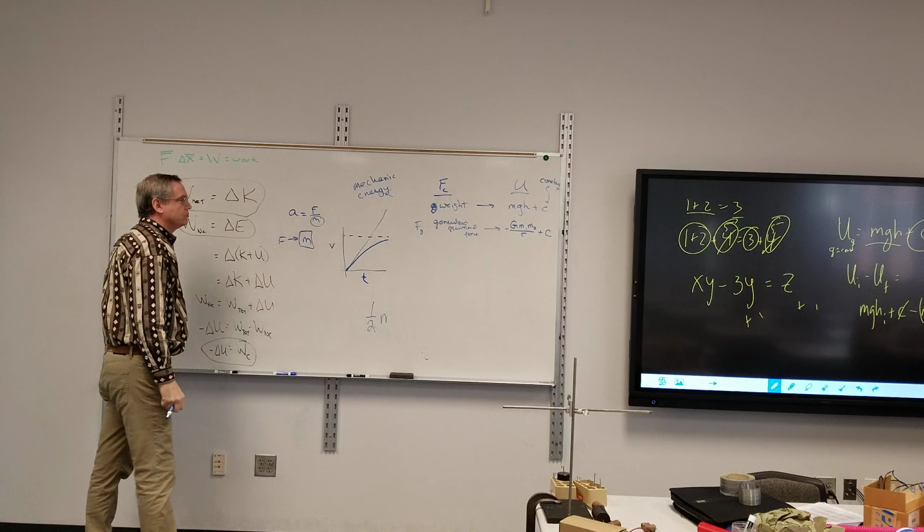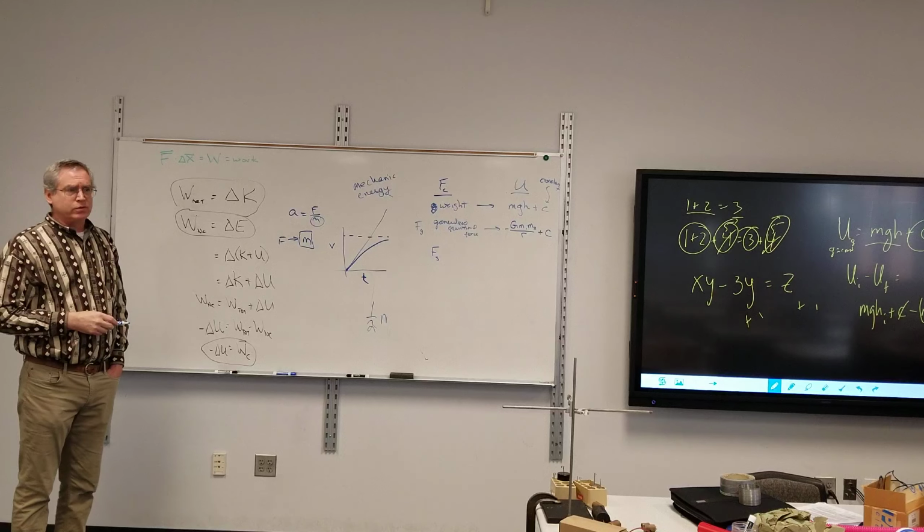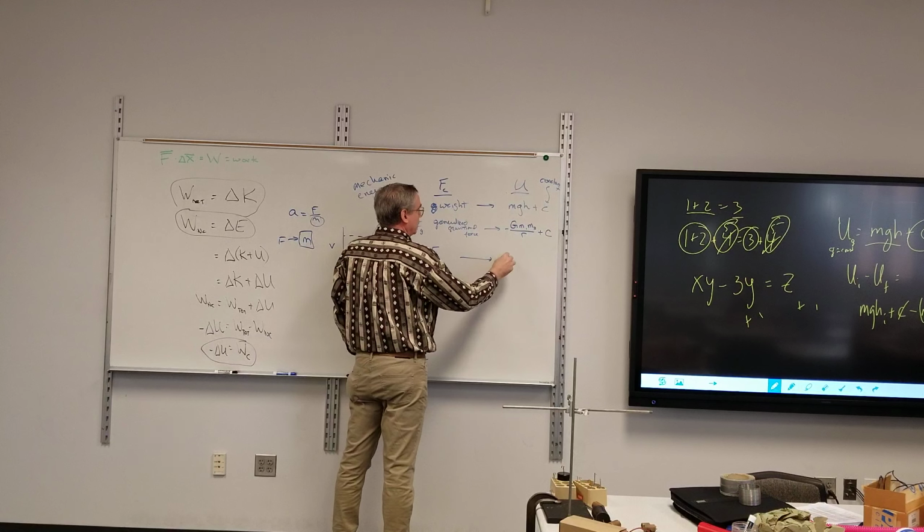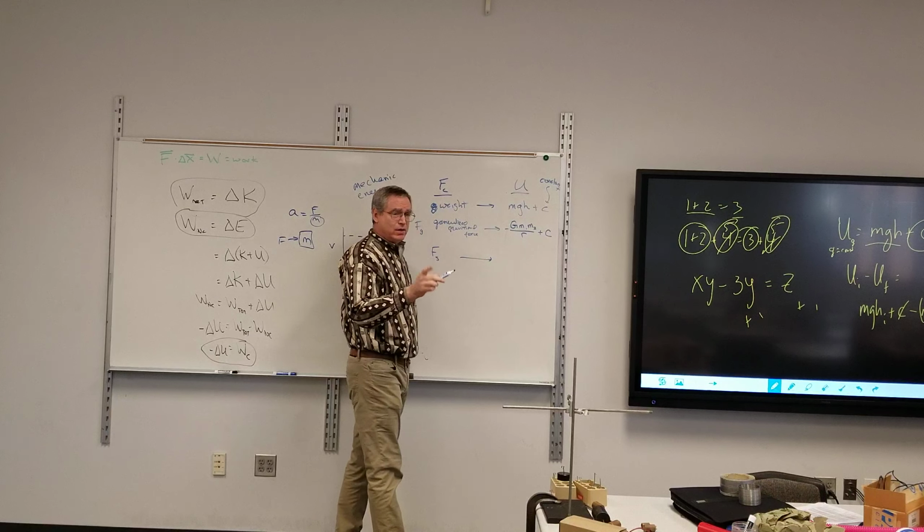If we're dealing with the elastic force, F sub S, and the reason I do F sub S for the elastic force is because F sub E I reserve for electric force. This is S as in spring. The formula looks a lot like the kinetic energy, but it's not. It's 1/2 lowercase k delta x squared.